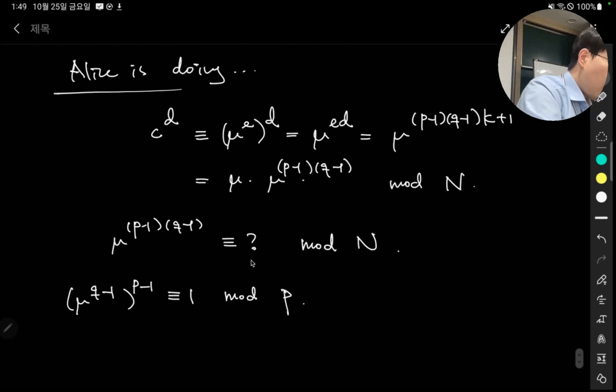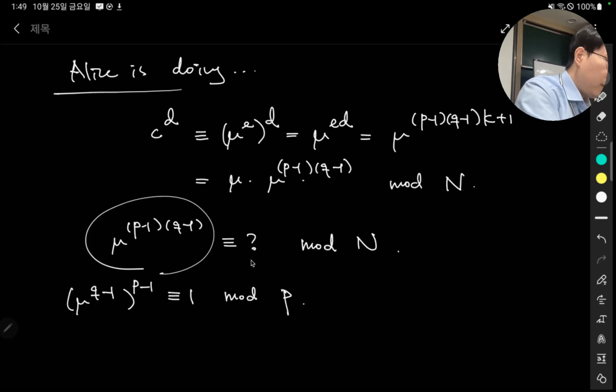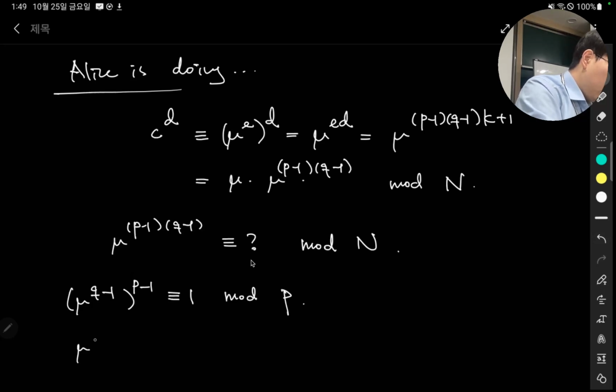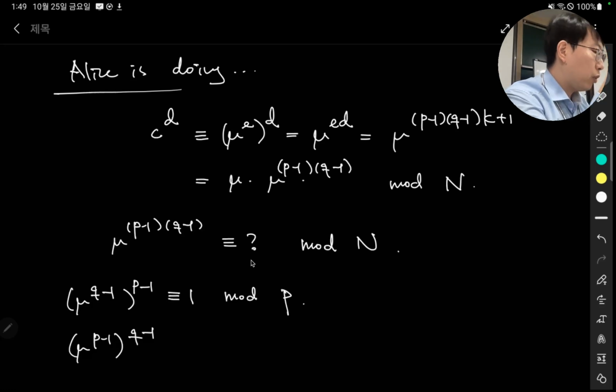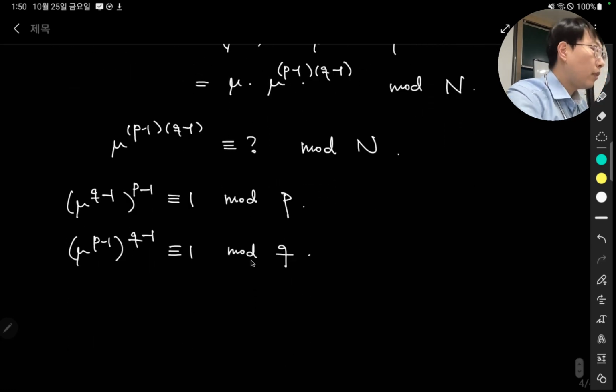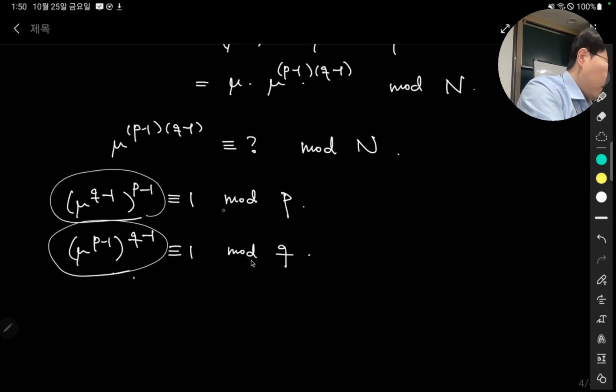If I take mu to the power of (Q minus 1) times (P minus 1), then I get 1 modulo P. And by the same idea, if you put mu to the power of P minus 1 and take the exponent of Q minus 1, you get 1 modulo Q. So you have the same number, and when you consider P and Q together, you still get 1.